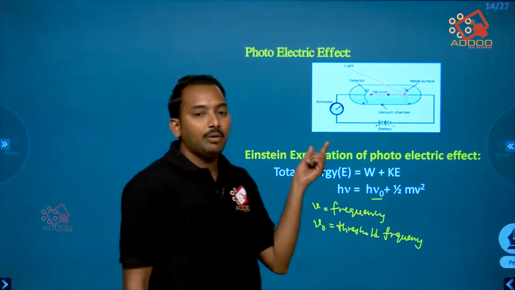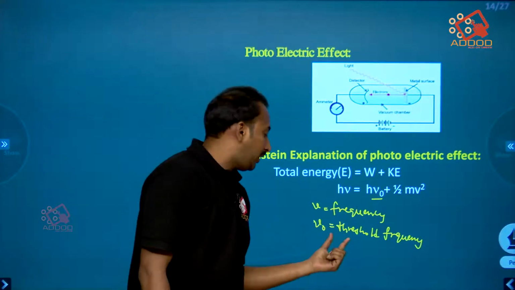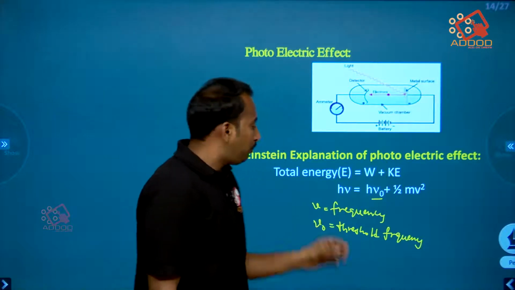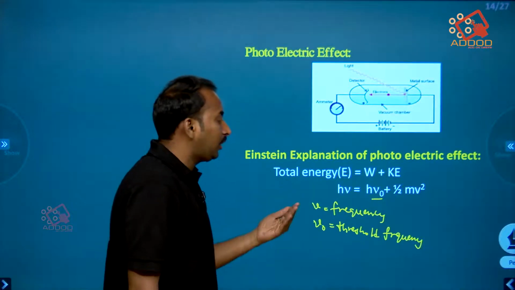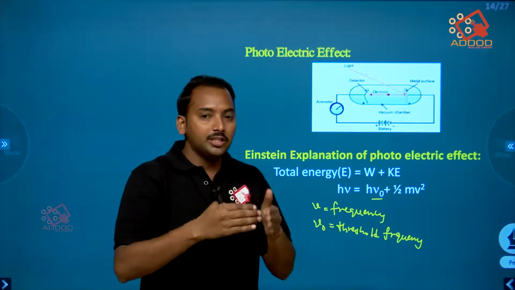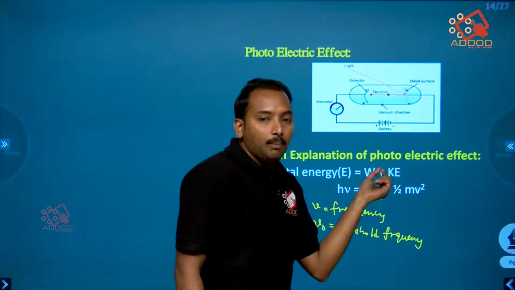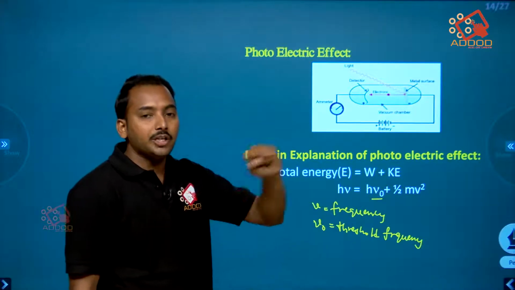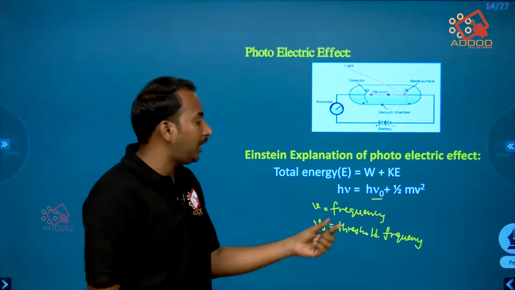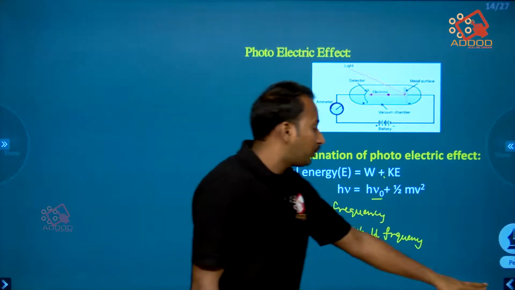The minimum frequency required for the ejection of an electron from the metal surface is called the threshold frequency, and ½mv² is the kinetic energy. Einstein explained the photoelectric effect as the total energy absorbed being converted into work and kinetic energy. Some energy is utilized for the ejection of the electron, and the remaining energy is converted into kinetic energy. This is Einstein's explanation for the photoelectric effect.